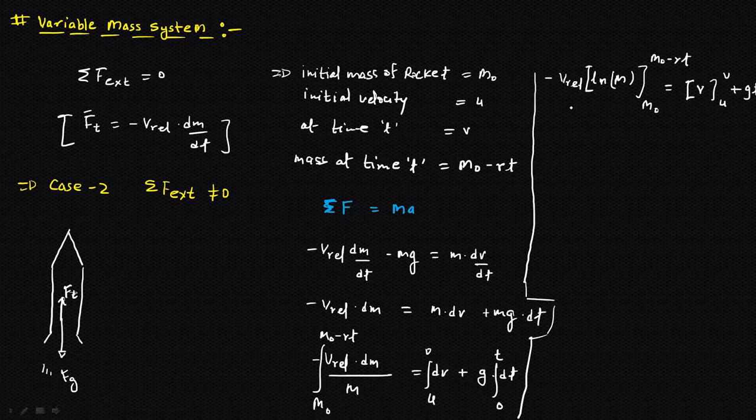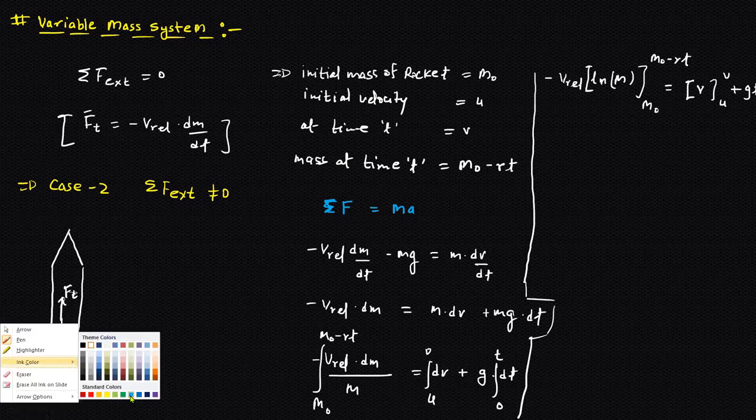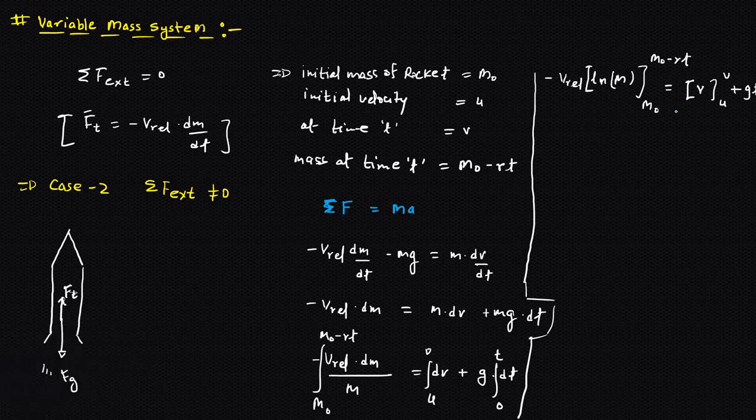Now if we write the right side on the left side, putting in the limits, we get v minus u plus gt equals minus V relative into ln m naught minus rt minus ln m naught.